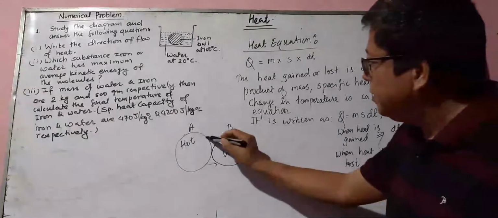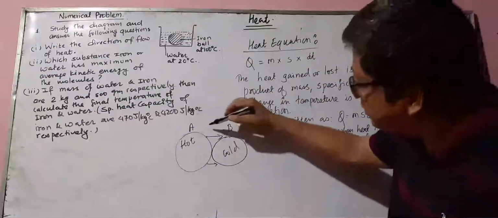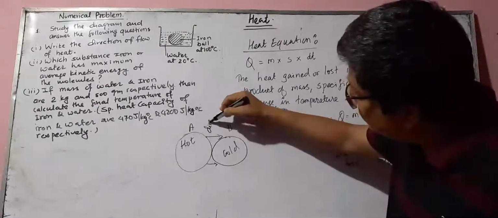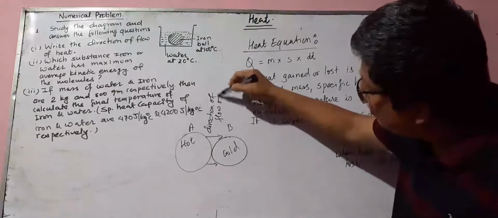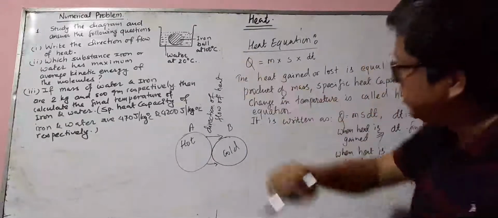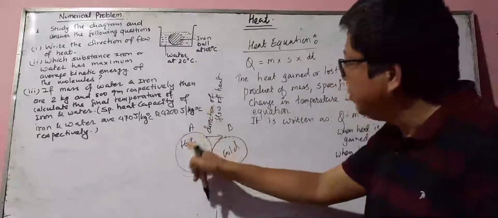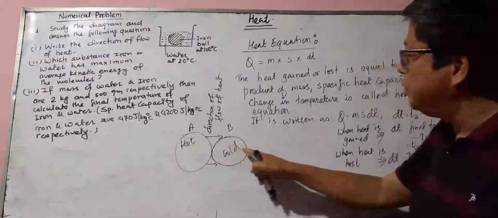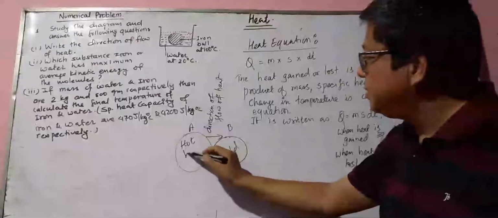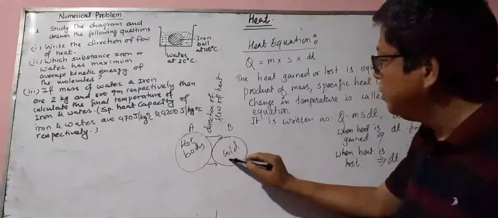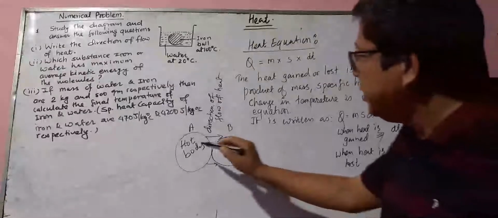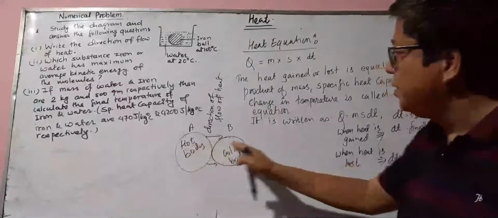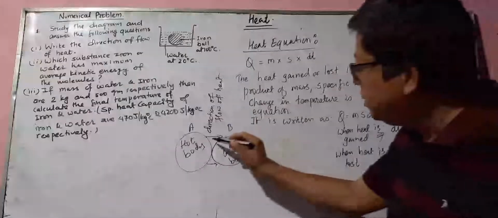Okay, this is the direction of flow of heat. Heat flows from hot body to cold body. Heat always transfers from hot body to cold body.